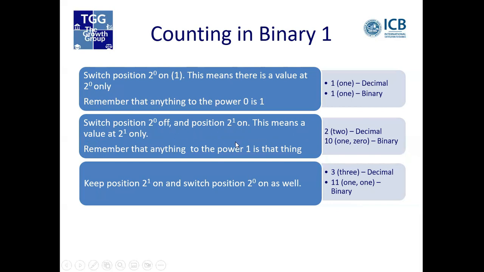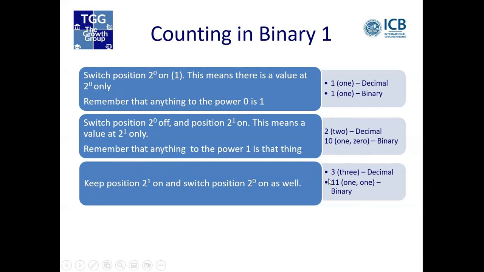So binary 10 will be equal to decimal number 2. Why 10? Position 2 to the power 0 is now off, and 2 to the power 1 is on. Remember, we're moving from the right to the left in this case.